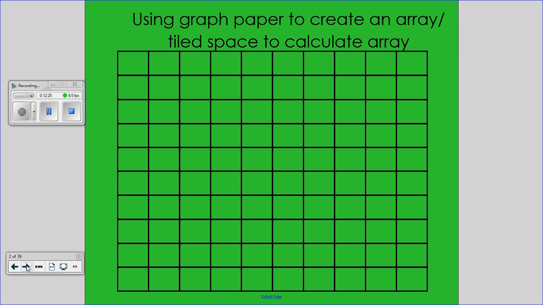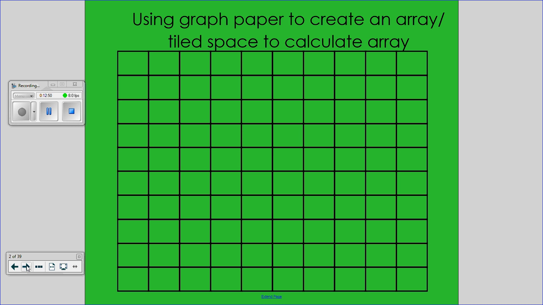Alright, so what I'm going to give you is some word problems and some graph paper. So what I want you to do is just close your math notebook and move it to the side right now. You are going to need to cut out your word problems.